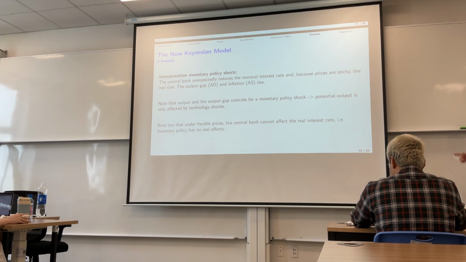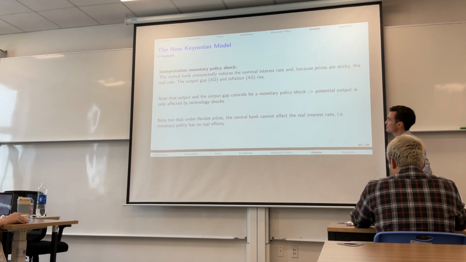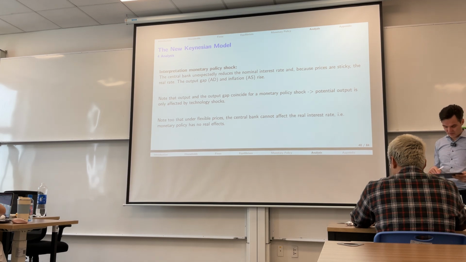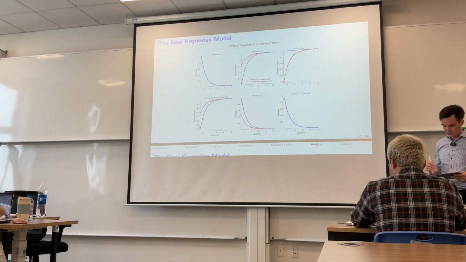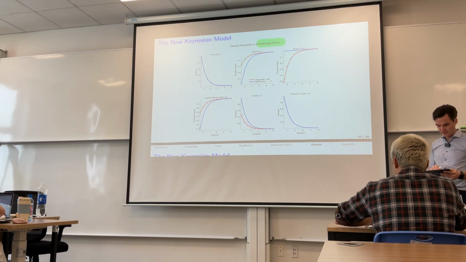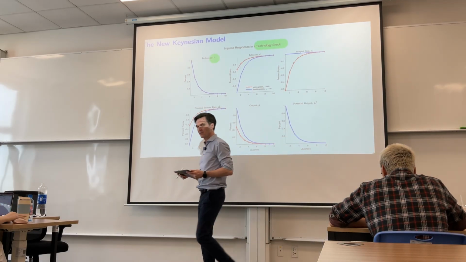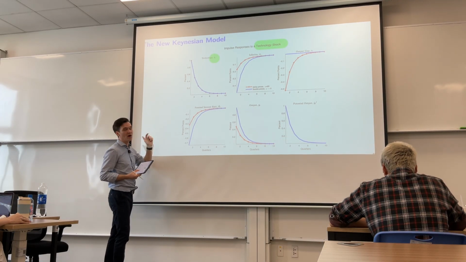All right, here is the interpretation in terms of giving words to what I just said. This is exactly what I just said in words. We are not going to discuss this deeply, so these are the impulse responses to a technology shock. It's a positive technology shock. Technology goes up, and again, there are two lines. For now, look at the red lines.